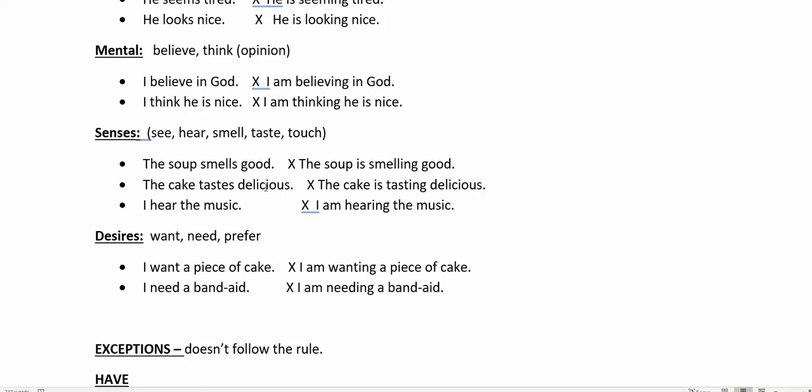The cake tastes delicious. The soup isn't doing anything. It's just sitting there in the bowl. The cake isn't doing anything. It's just sitting on the plate.